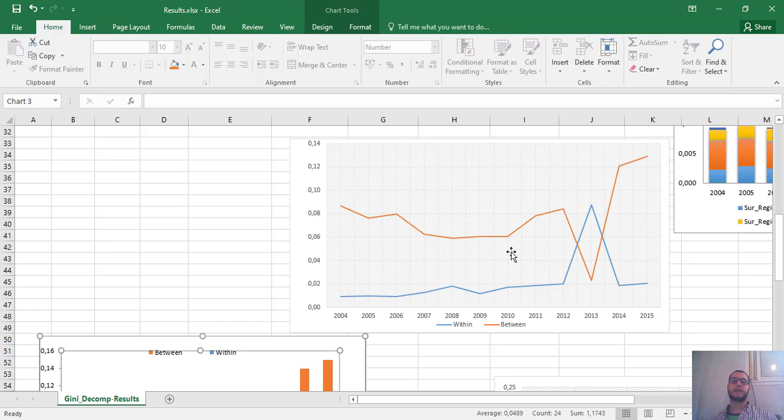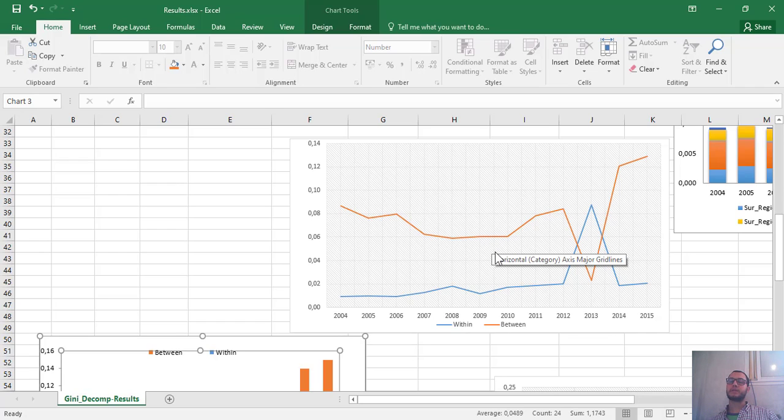And for the policymaker, this result is very important. For example, the policymaker may pursue two kinds of policy. We have the policy that concentrates on reducing inequality between regions.